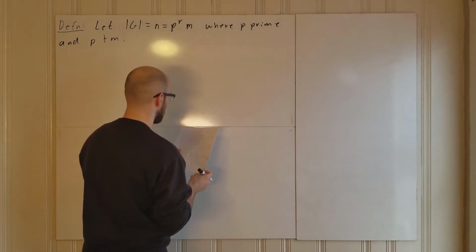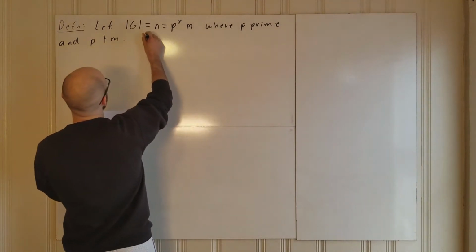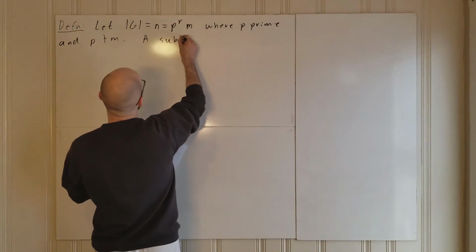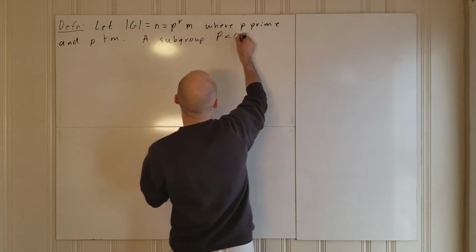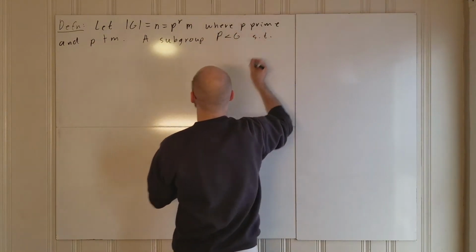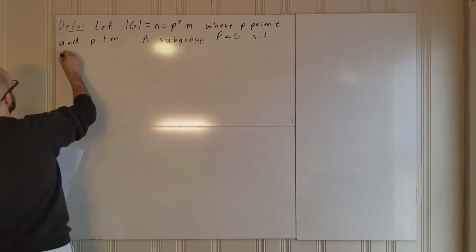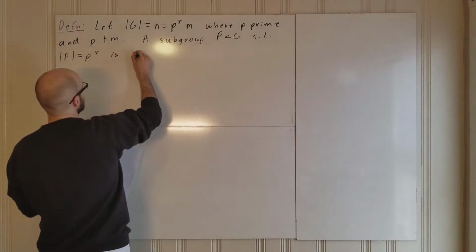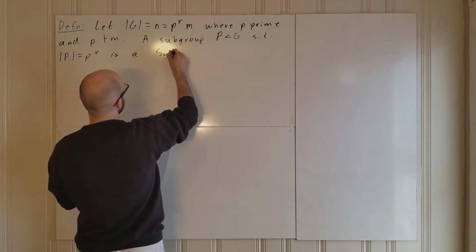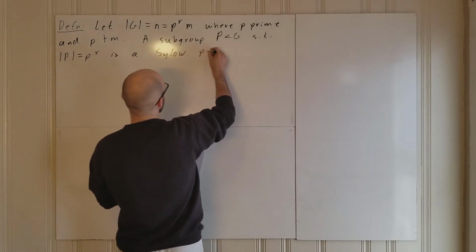Then a subgroup P of G such that the size of P is equal to p to the r is a Sylow p-subgroup.